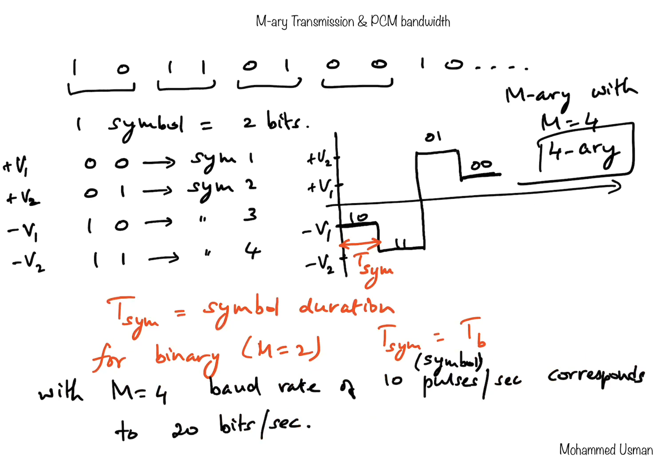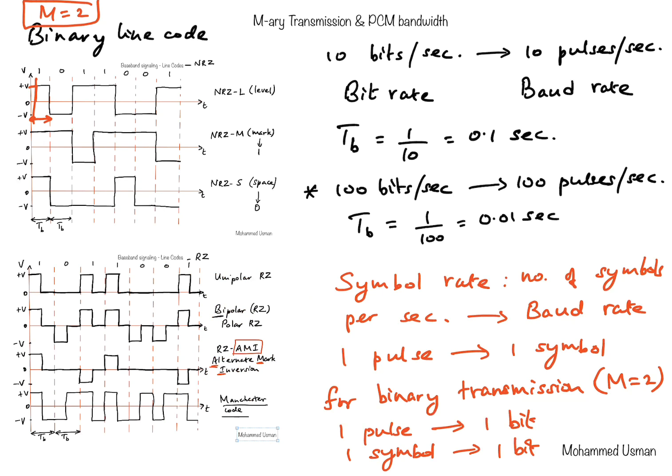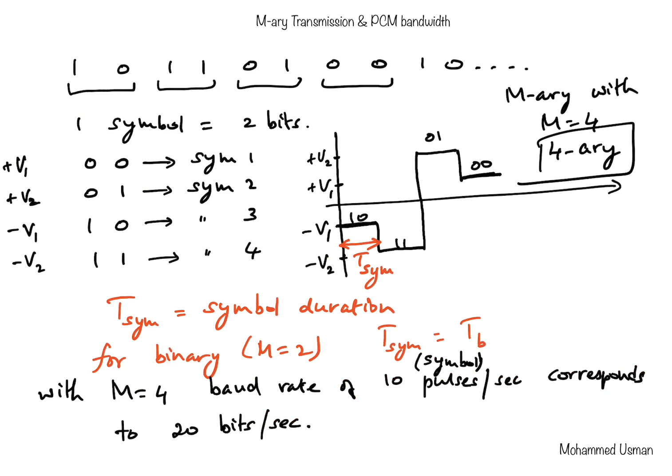So let's go back and have a look. When M is equal to 2, RB, which is the bit rate, is the same as RS, the symbol rate. So bit rate is RB and the baud rate is RS. So they are both equal now. If you see here, RB is equal to RS: 10 bits per second, 10 pulses per second.